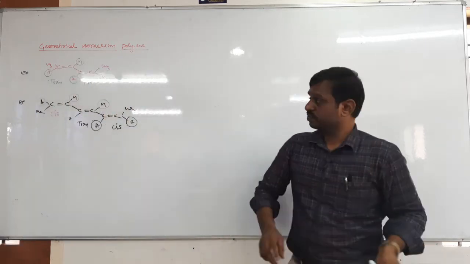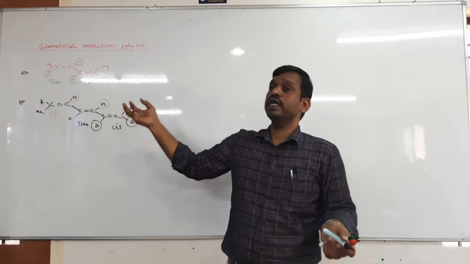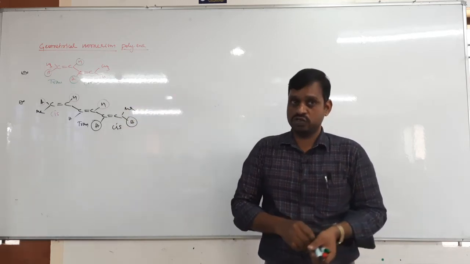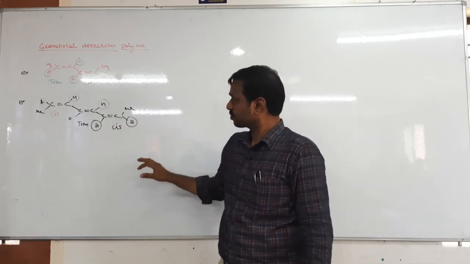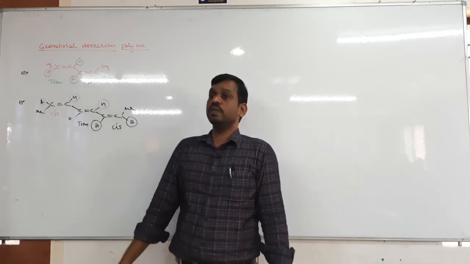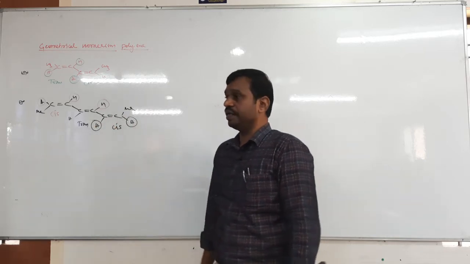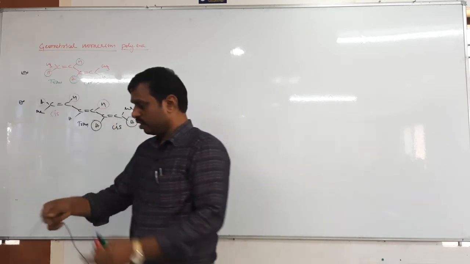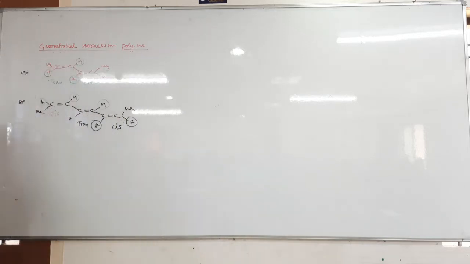But now the question is, how many total geometrical isomers can it have? Then how do you calculate? That is the calculation of geometrical isomerism in polyenes.